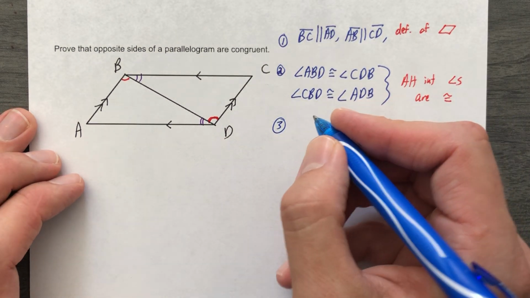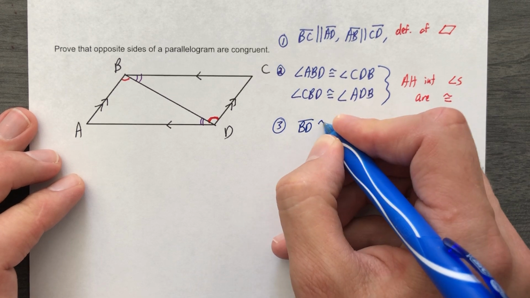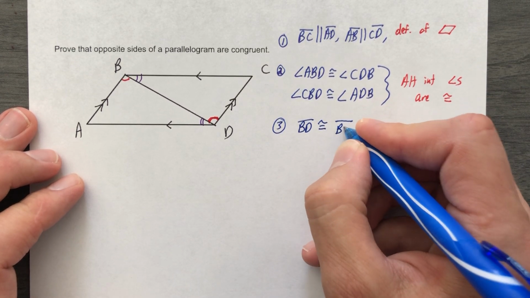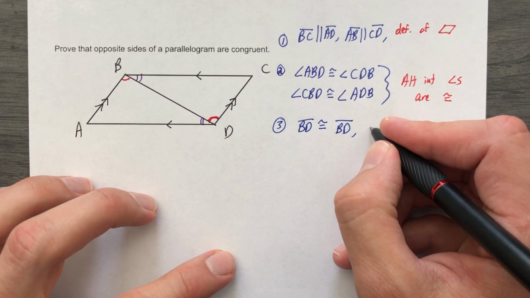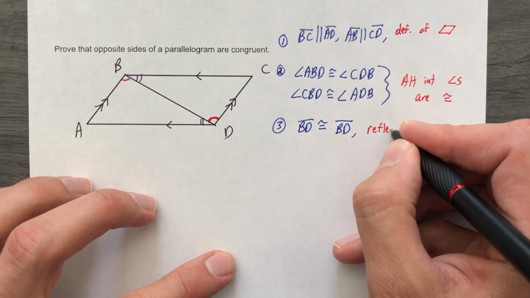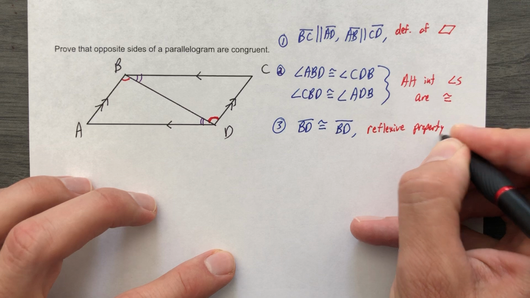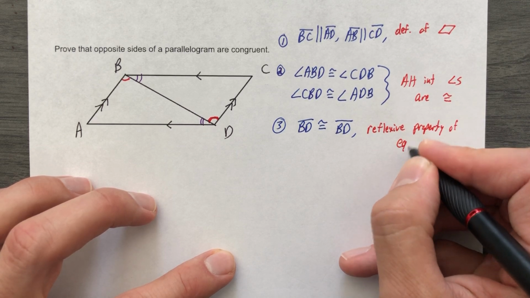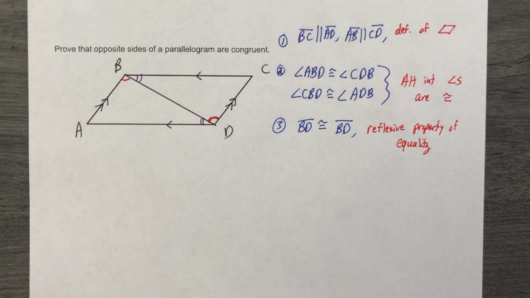I'm going to say that side BD is congruent to side BD. That looked stupid, I hear you, but we're going to justify everything within reason. And this is the reflexive property of equality. Put an equal sign if you like. There's the reason for that.